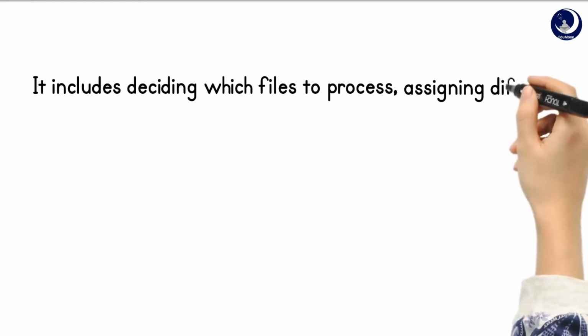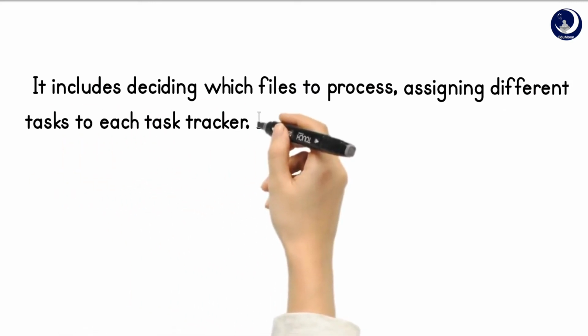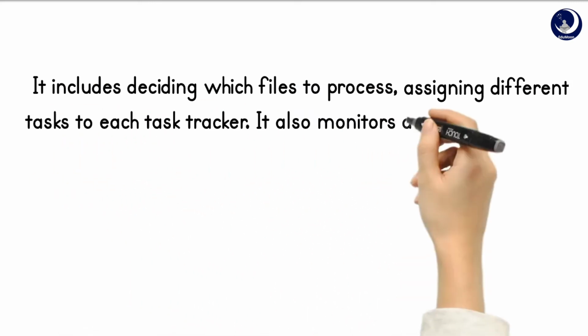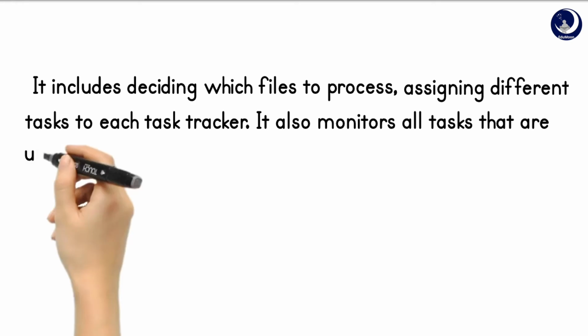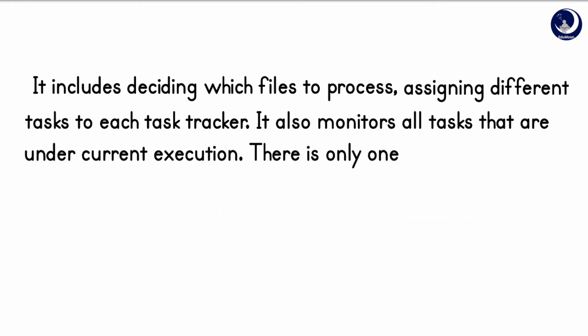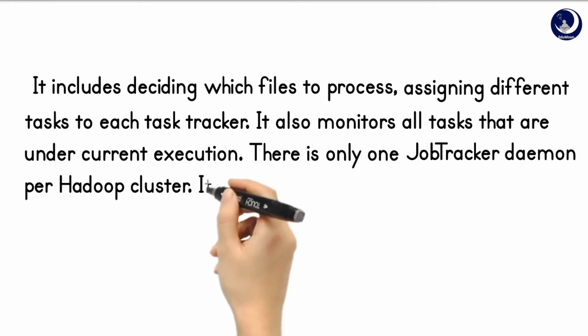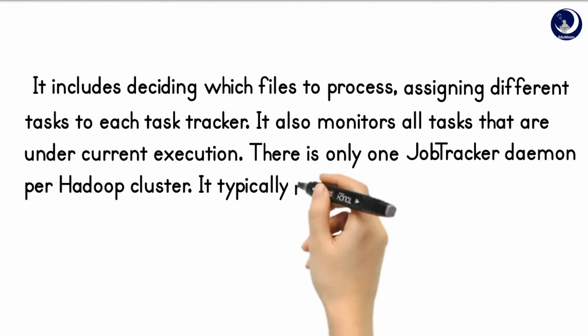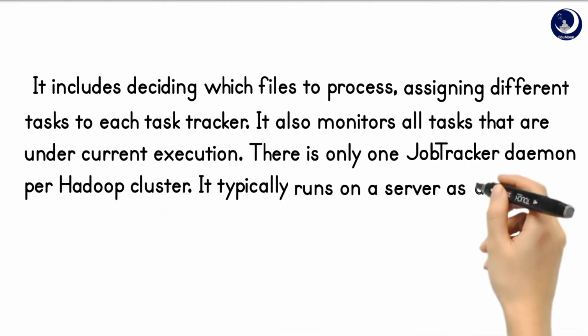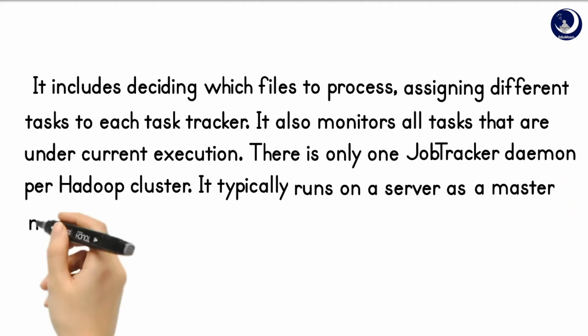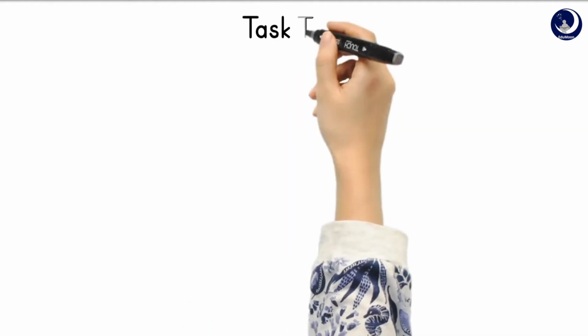It includes deciding which files to process and assigning different tasks to each task tracker. It also monitors all tasks that are under current execution. There is only one job tracker daemon per Hadoop cluster. It typically runs on a server as the master node of the cluster.